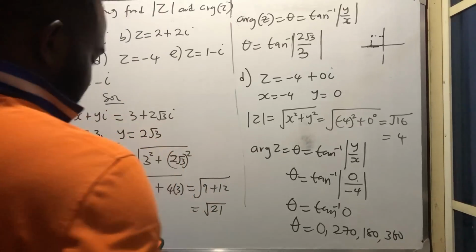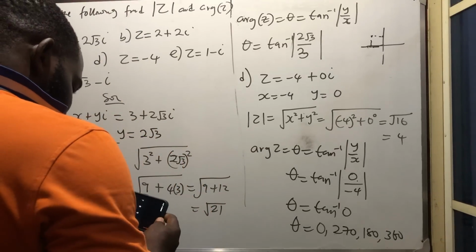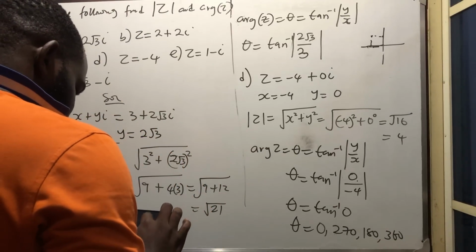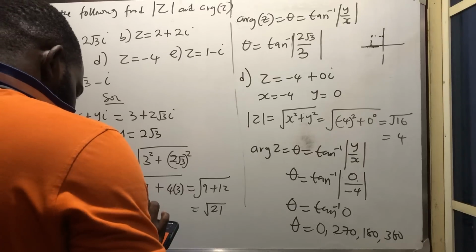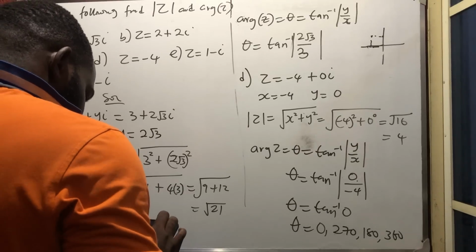You can use your calculator and check. I don't understand what my calculator is doing. Once you get tan, it will automatically enter in radian. They don't want it to be in radian, they want it to be in degree. So this is tan.